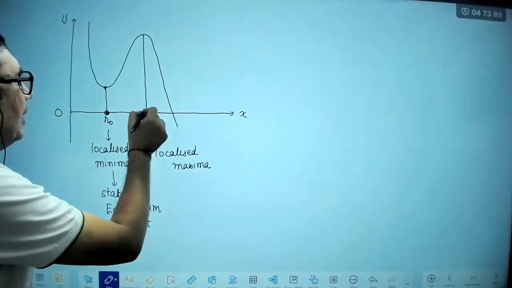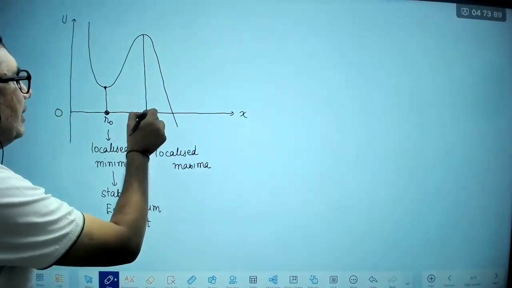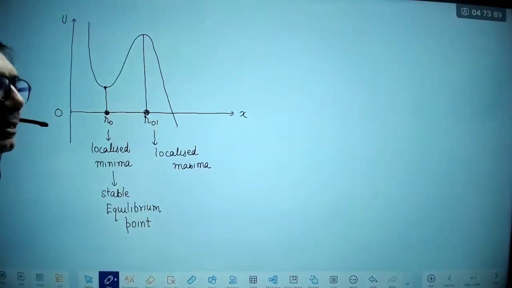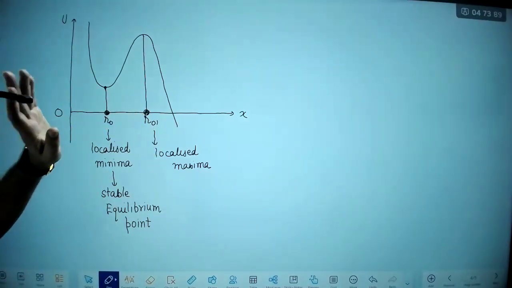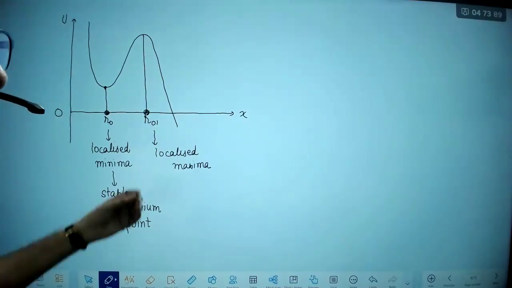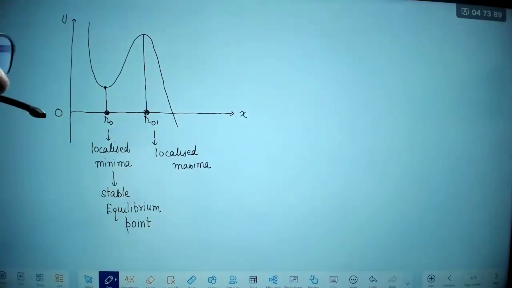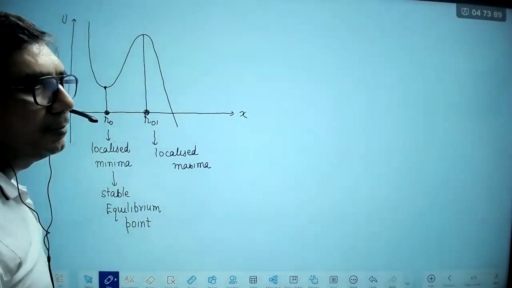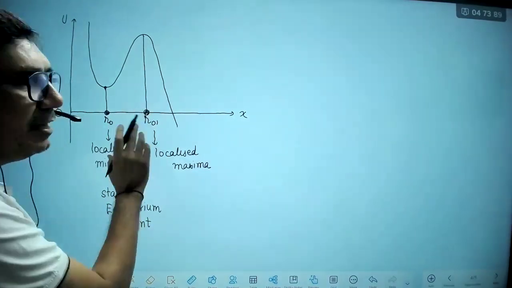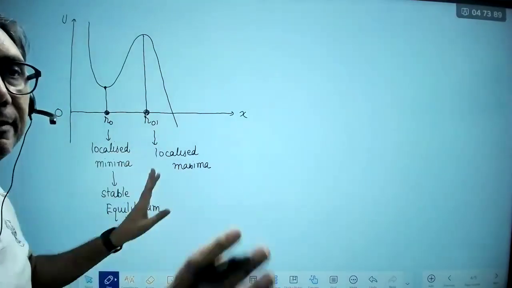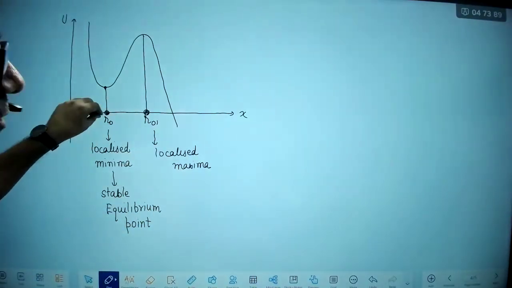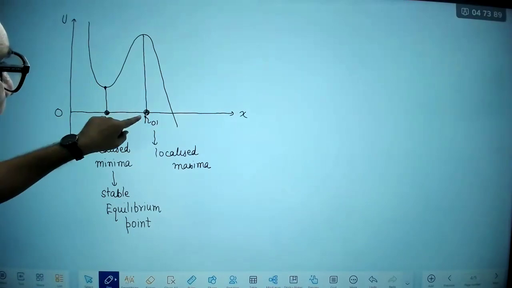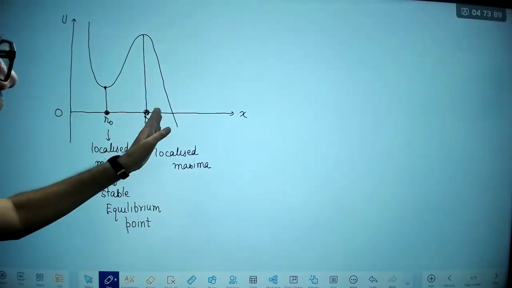So if you place a particle here with zero kinetic energy, it will remain at rest for infinite time, because the net force is zero. Unless you disturb it. And if you disturb it, its behavior will be totally different. If you disturb this particle, its behavior will be quite different compared to the behavior of the other particle if it is disturbed.